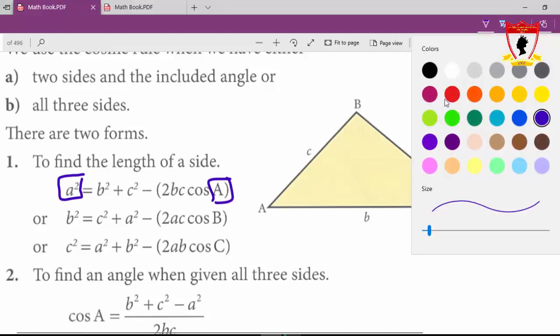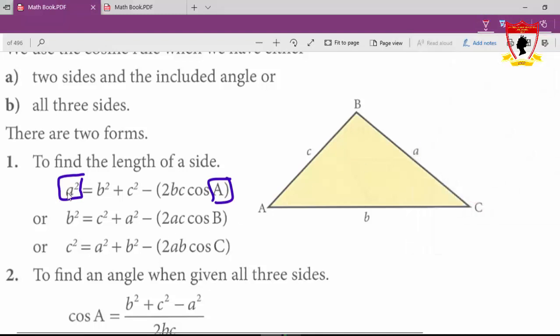This is one thing. Secondly, when you have a here, you must have the other two letters here, b and c. And whenever you have b and c here, you have 2bc next to the cosine of a. So remember, a is here, bc must come here, all squared.